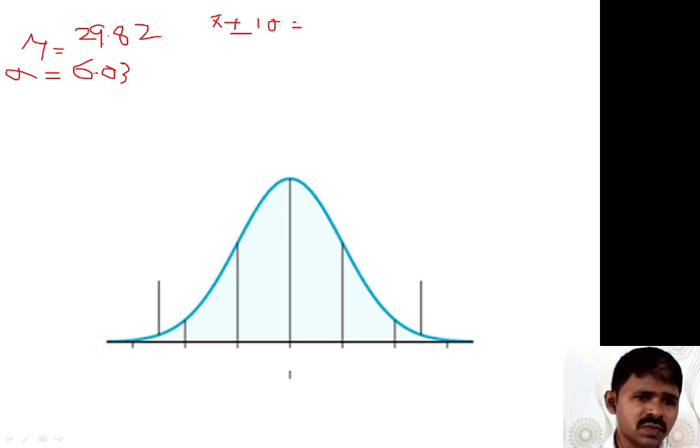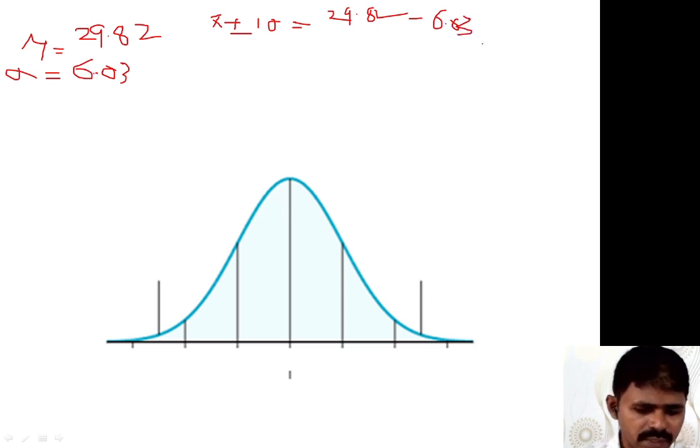Here the mean is 29.82, minus 6.03, so we are getting 23.79.